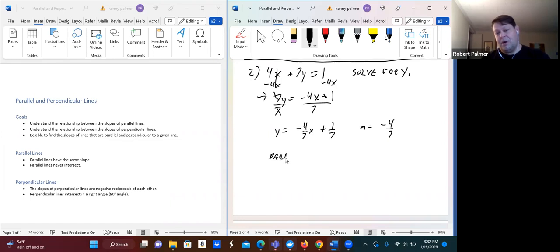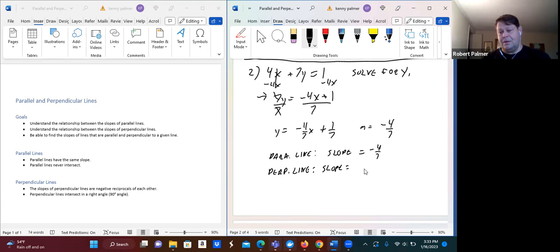So once again, for a parallel line, the slope would be the same, negative 4/7. Then for a perpendicular line, this would be the negative reciprocal. So once again, we flip it.